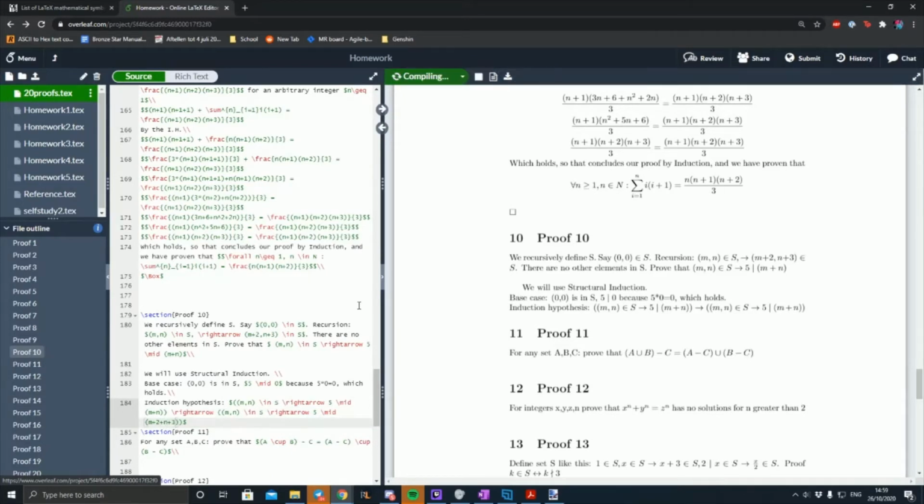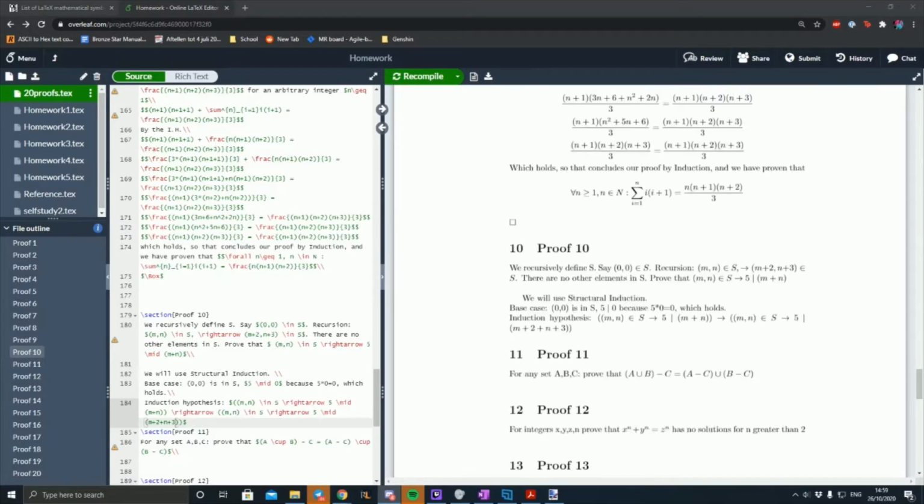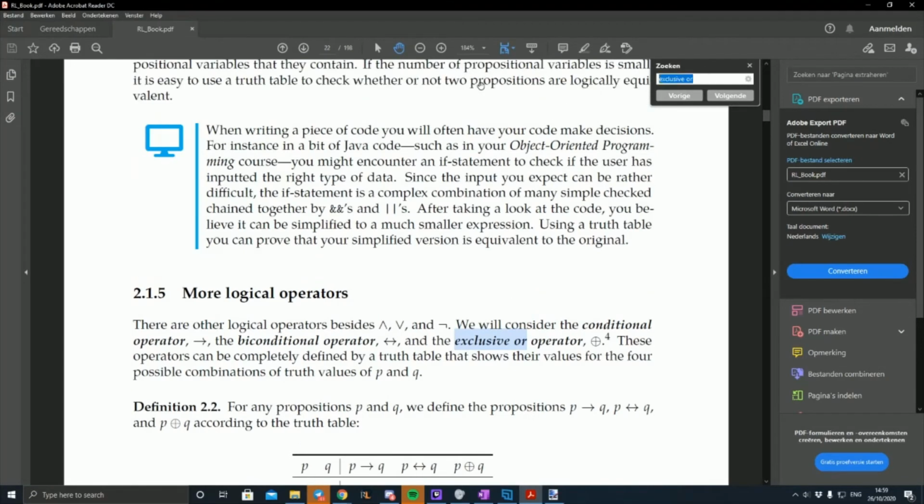Is this a proper way to say this though? Let's quickly open the book and see how they do structural induction.